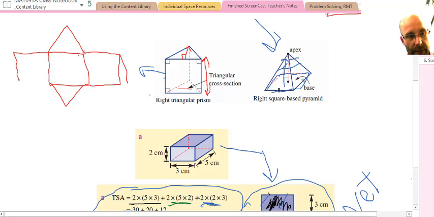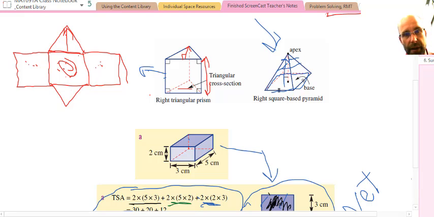These 2 rectangles are usually the same, but sometimes they're the same as this one as well. But it's a rectangle plus a rectangle plus a rectangle. And then remember the area of a triangle, which is base times perpendicular height times a half, and we add it all together.